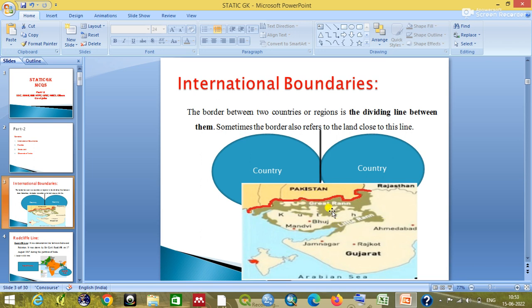This one is the Rann of Kutch. This portion is Pakistan. So Pakistan and India are separated by the red line. This line is known as the international boundary line.